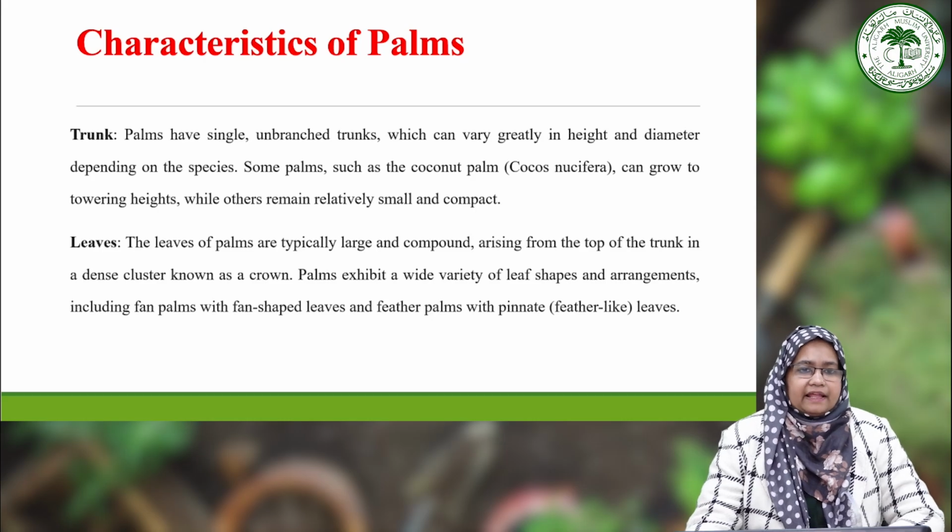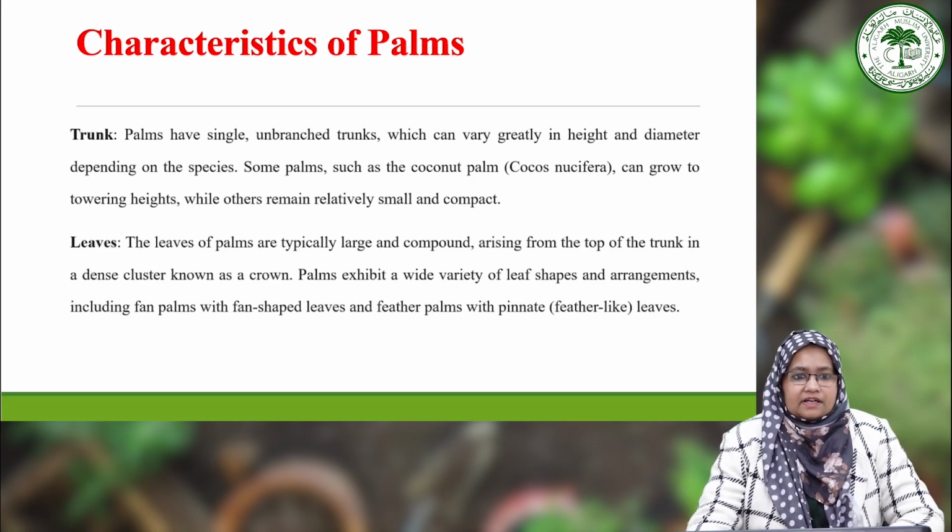Here are some characteristics of palms. Like trunk, palms are characterized by their single, unbranched trunks, which exhibit considerable diversity in height and diameter across species. While some, like coconut palm, soar to great heights, others maintain a more modest and compact structure.